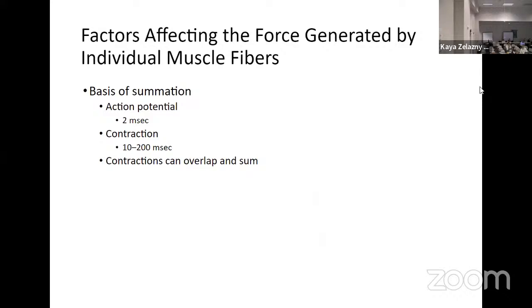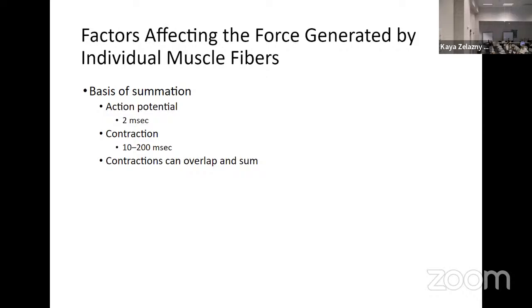Okay. So the basis of how action potentials sum in muscles and create stronger contractions has to do with timing. An action potential is going to happen on the order of like 2 milliseconds, but contractions can vary in length, and they can get quite a lot longer than 2 milliseconds.